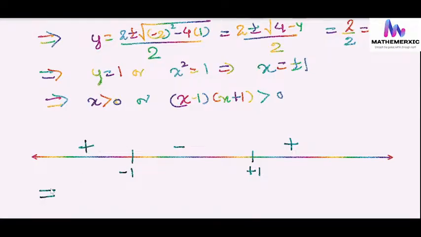So x belongs to greater than 0 it is, and this is also there. So union of these two will be there, right?